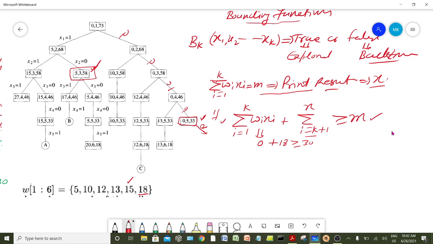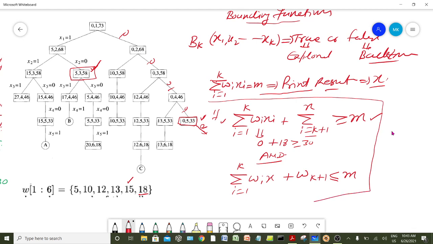The second part of the expression says that the sum of Wi Xi for i equal to 1 to k, plus W of k plus 1, if it is less than or equal to m, then only we should follow it, otherwise we need to backtrack. So this is the complete bounding condition for the sum of subsets problem.